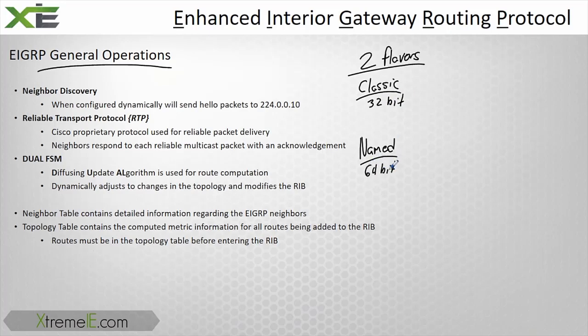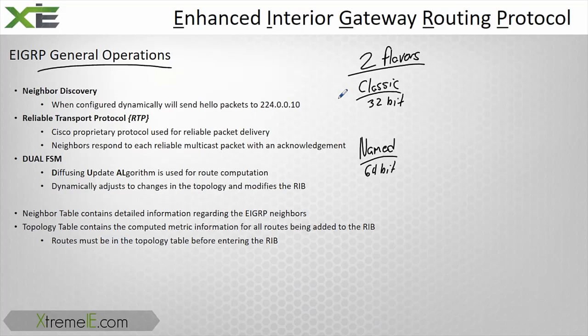I go into depth in the metric calculation video as to why that is. But essentially, at a high level, named mode is meant to be run on interfaces from basically 10 gig up to, I think, 4.2 terabytes, whereas classic mode was really never meant to handle anything above 1 gig. So if you're running classic mode and you have 10 gig interfaces, you might think that everything's okay, when really it's not as proficient as it should be.